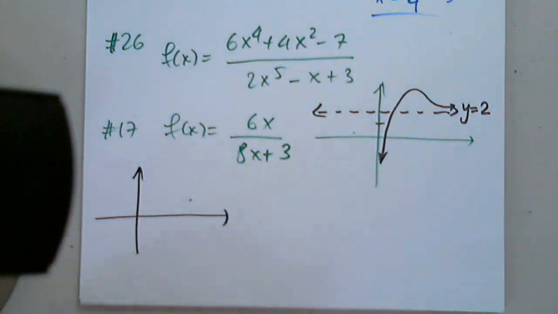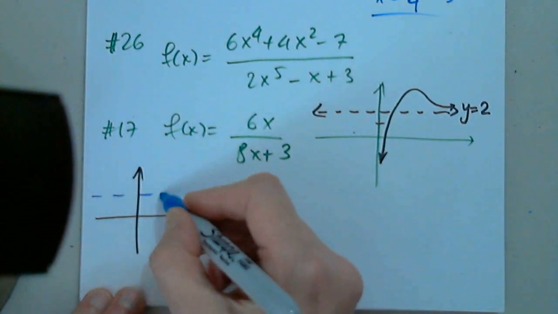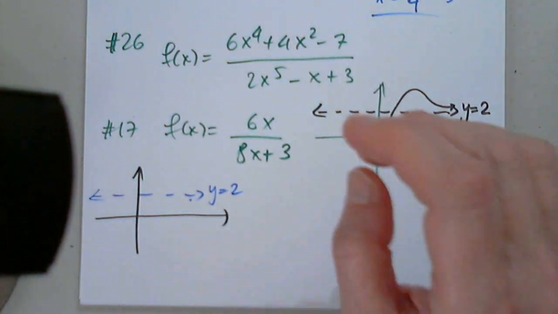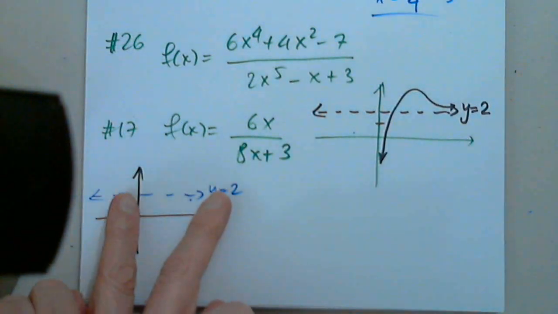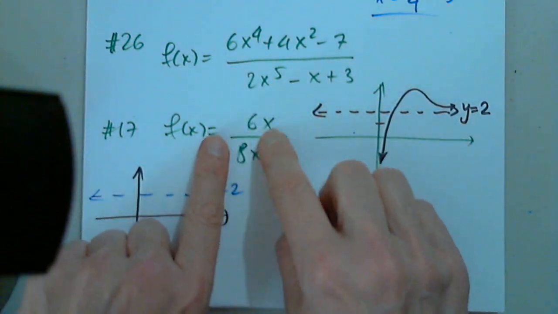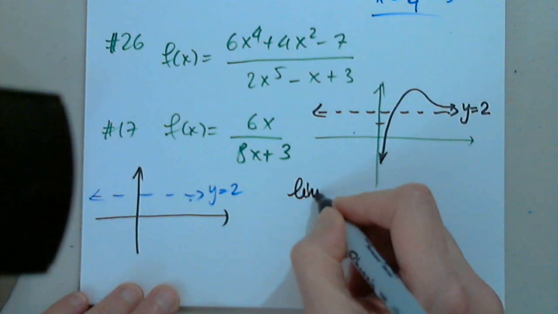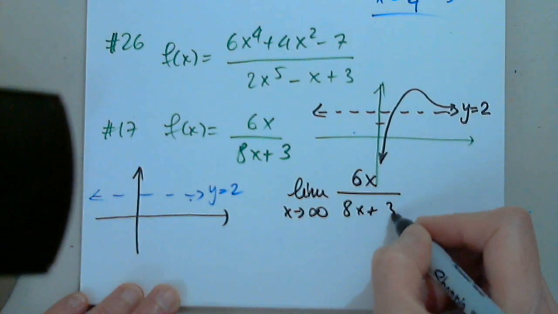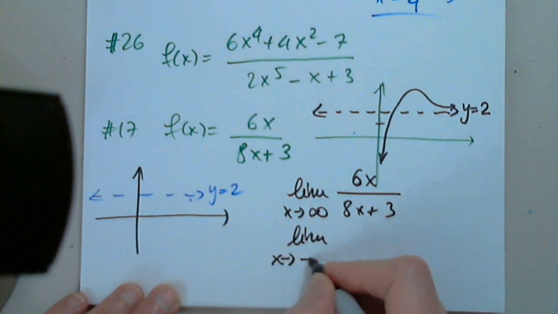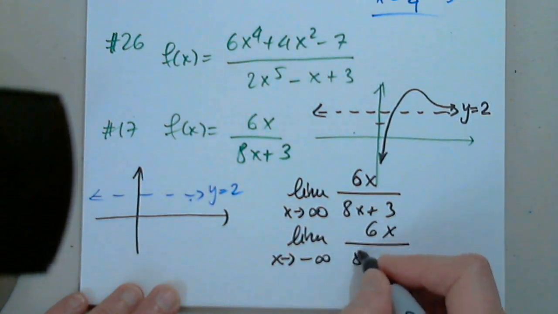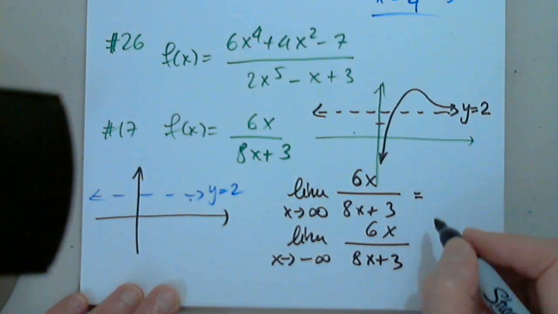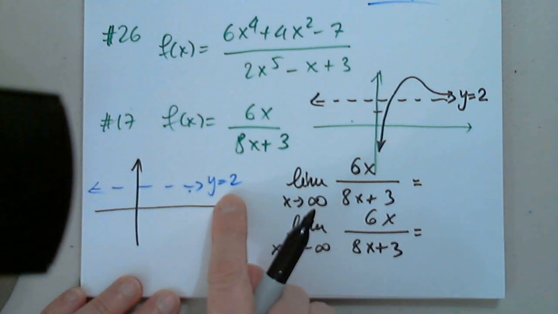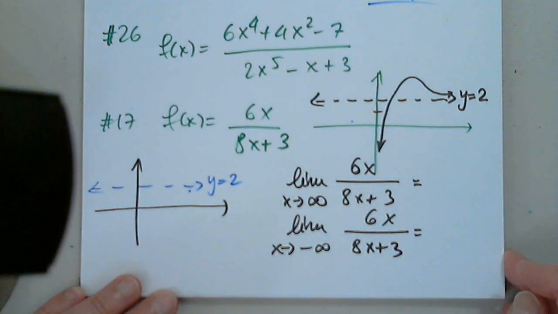Okay, so I'm going to move away from this graph again. Let's say I have a horizontal asymptote, which is y equals 2. So the limit as x approaches infinity of 6x over 8x plus 3, and the limit as x approaches negative infinity of 6x over 8x plus 3, should be 2 if the function has a horizontal asymptote at 2.